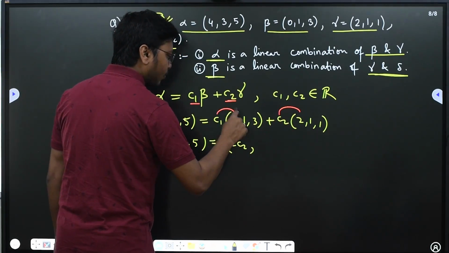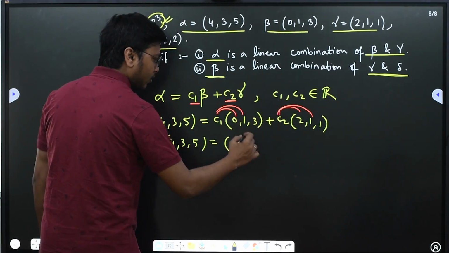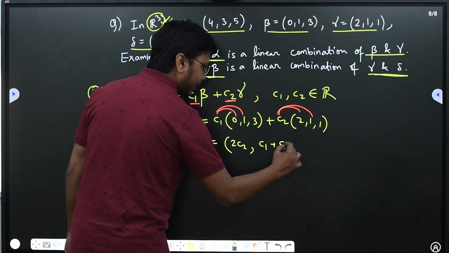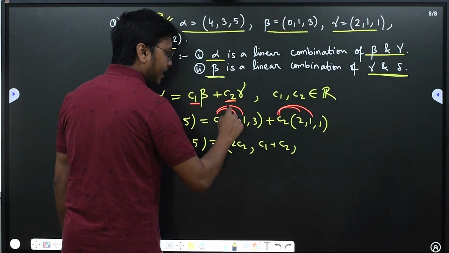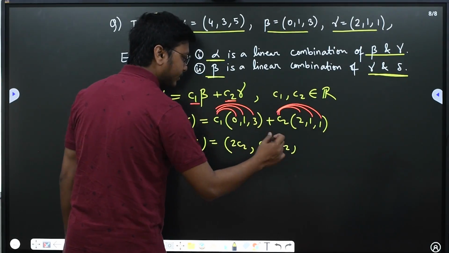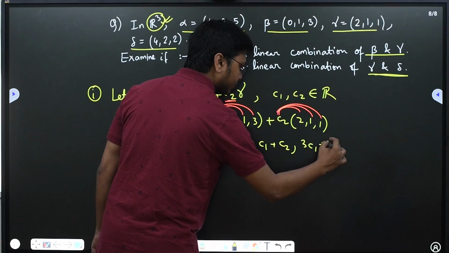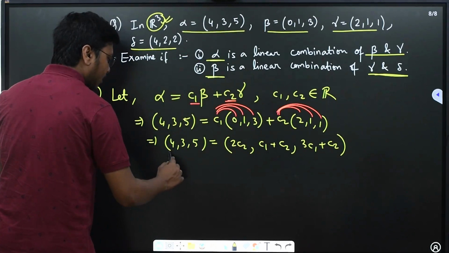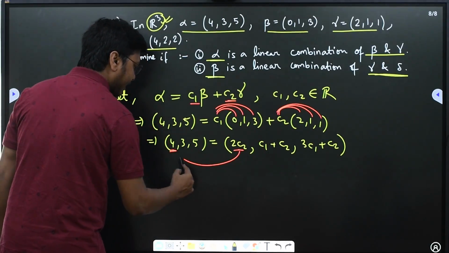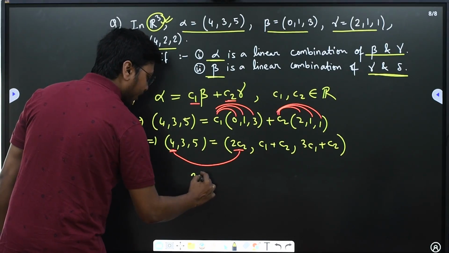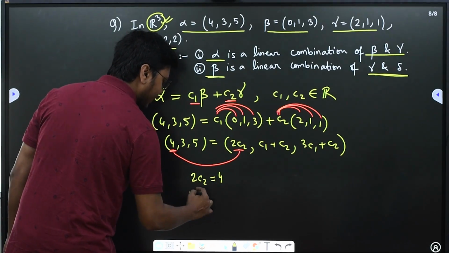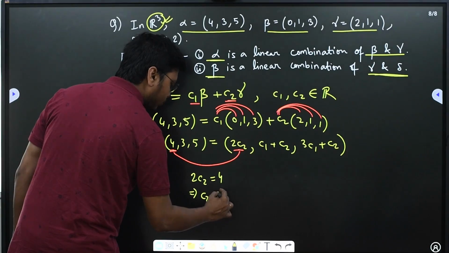Then the y coordinates, 1 times C1 plus 1 times C2. And finally the z coordinates, 3 times C1 plus 1 times C2. Now if I compare the x coordinate elements, I am getting 2 times C2 equals 4, and that means C2 would be equal to 2.